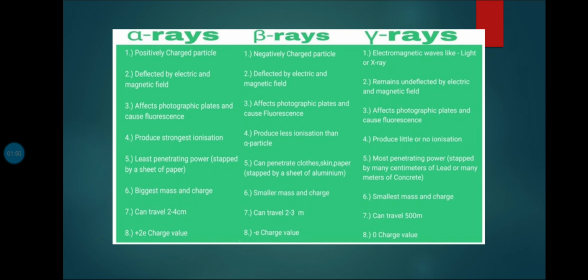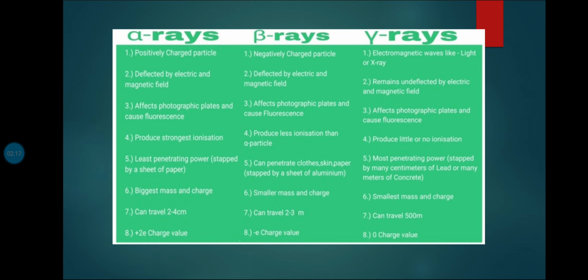What is the difference between alpha rays, beta rays, and gamma rays? We have to understand that alpha rays are positively charged particles, whereas beta rays are negatively charged particles.